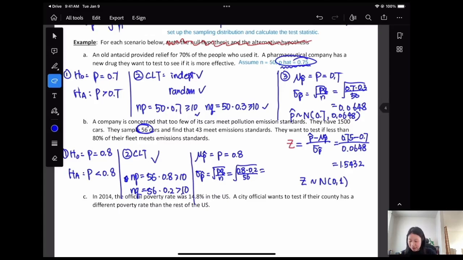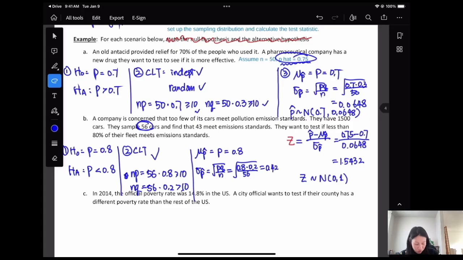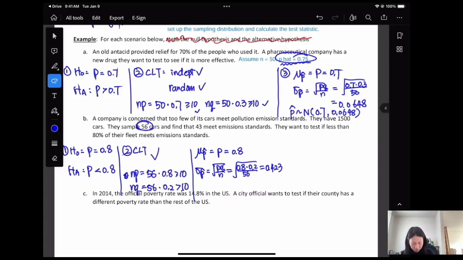The square root of that equals 0.423. Now I'm going to erase this part since we already did it. This is from example 1. All right. So that means our p hat is going to follow a normal distribution with mean 0.8 and sigma 0.423.